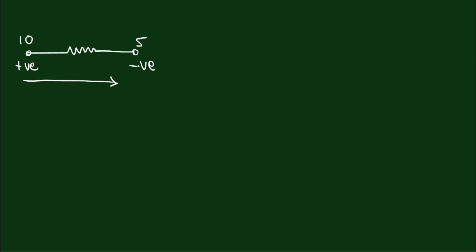So the energy from the charges moving through the resistor will be consumed by this resistor. Now since this resistor decreases the energy of the charges, we will assign a negative voltage to the voltage across this resistor. So we'll call it minus V.